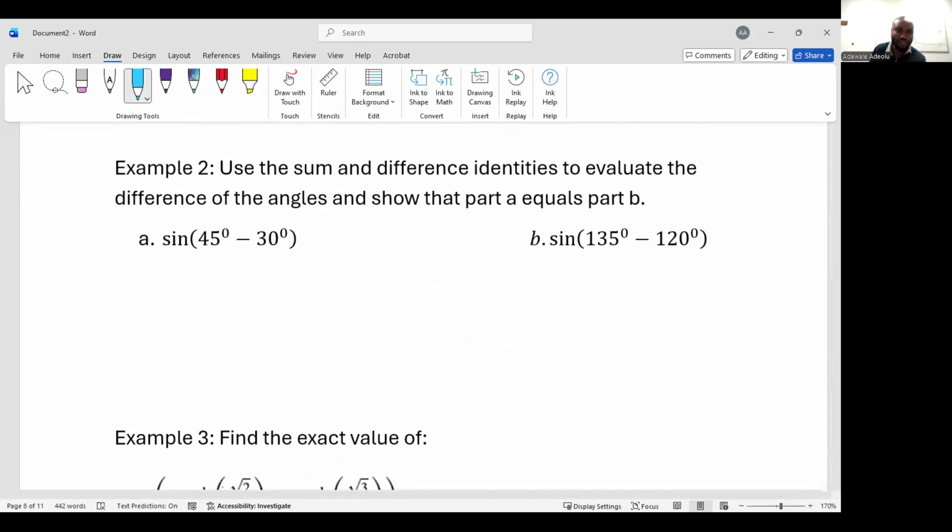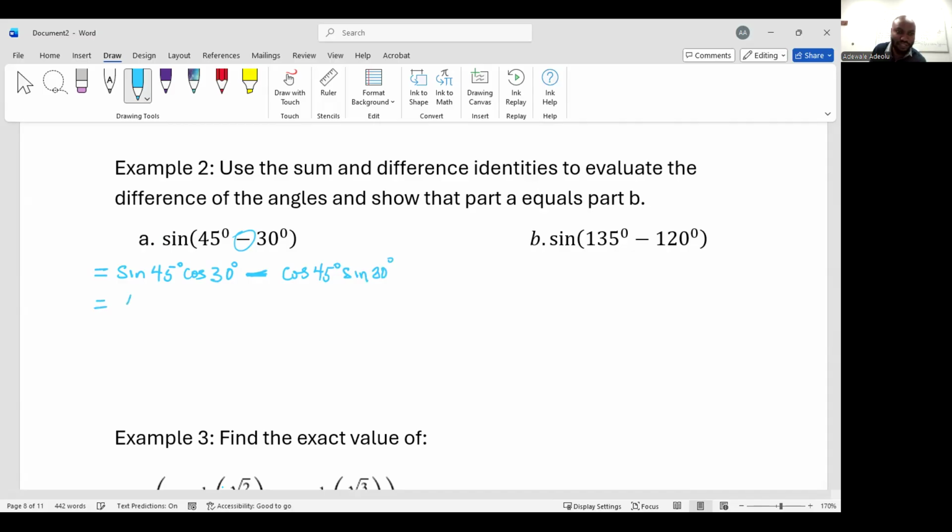So briefly, let us also solve this. I have sine here, with a negative, so I will do the same thing. This is sine of my first angle multiplied by cosine of my second angle, minus, because it is sine, so the minus remains as minus, but then cosine of my first angle multiplied by sine of my second angle.